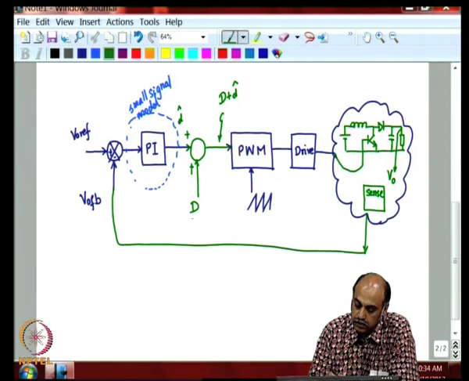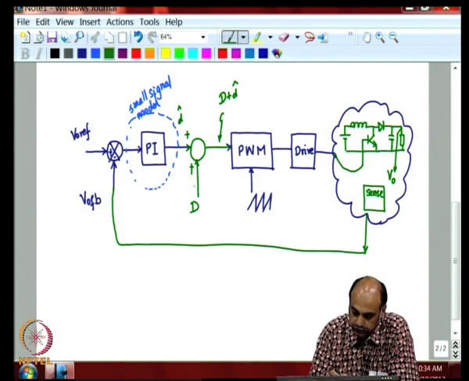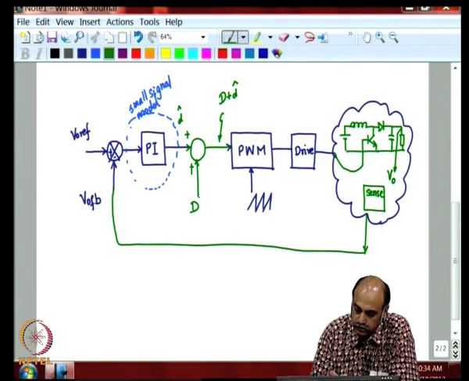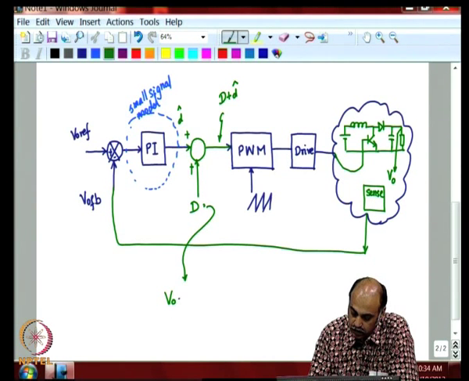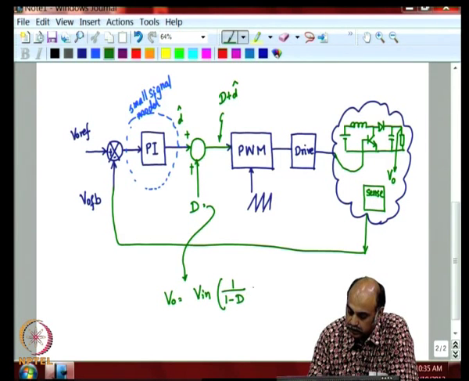The voltage corresponding to uppercase D, the steady state operating point, is obtained from the steady state equation V naught is equal to V in times 1 by 1 minus D.